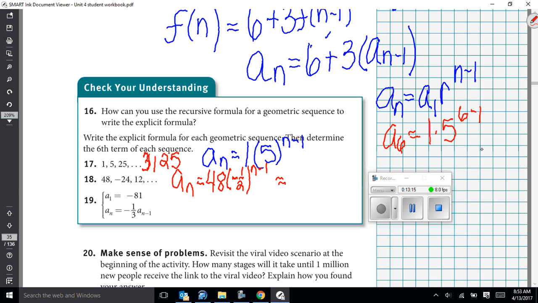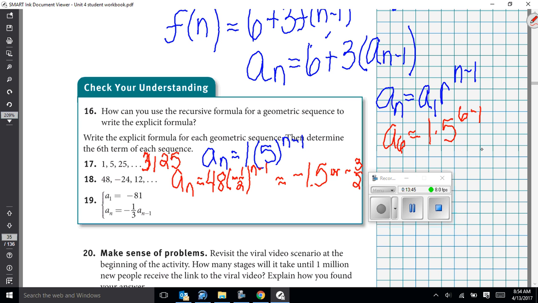All right, so let's check this out. Negative 1.5 or negative 3/2.